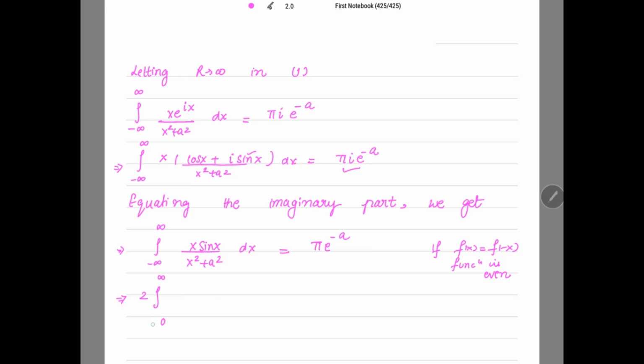So this is twice the integral from 0 to infinity of x sine x over x square plus a square dx equal to pi e to the power minus a, and then 2 goes to the other side. So the integral from 0 to infinity of x sine x over x square plus a square dx is equal to pi by 2 into e to the power negative a. Here ends the proof.